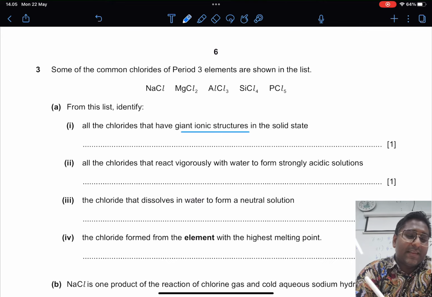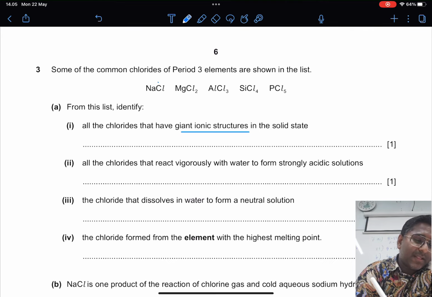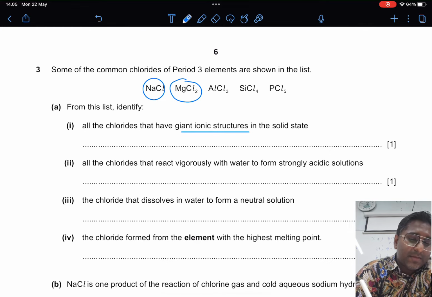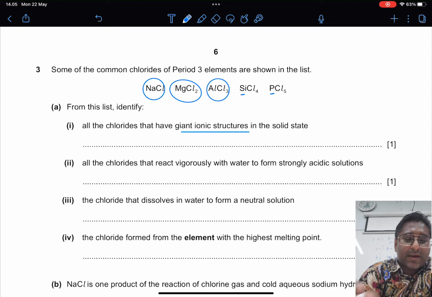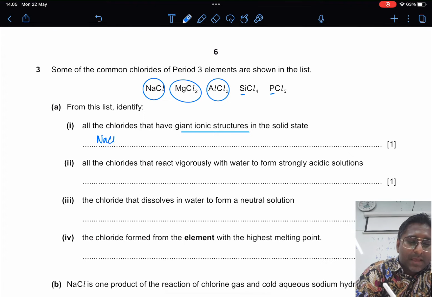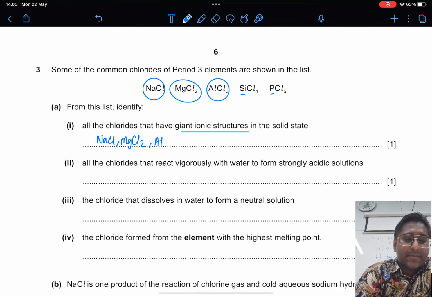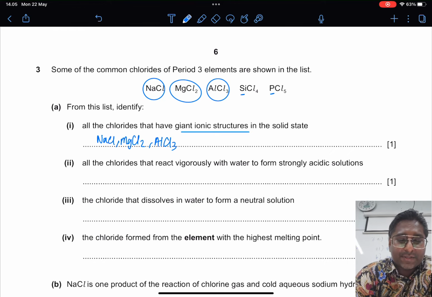This is metal and non-metal, and this is non-metal. So NaCl, MgCl2, AlCl3, all these are giant ionic structure.